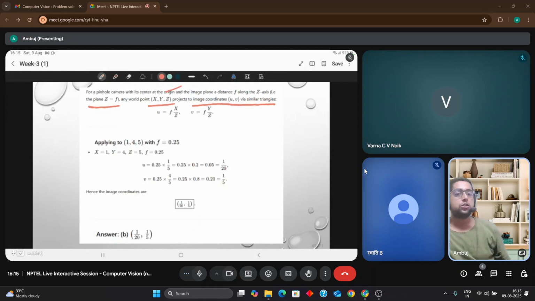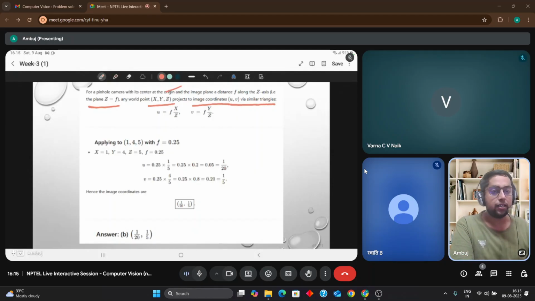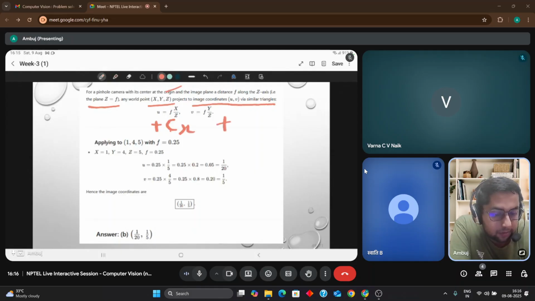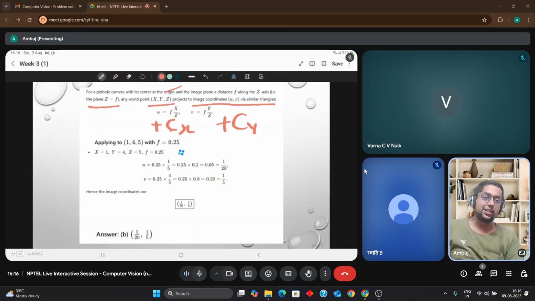Small u would be nothing but f into X by Z, and small v would be nothing but f into capital Y by Z. In addition, you can write plus cx plus cy also. If the center is not at origin, then you have to add these; if the center is at origin, then you can remove cx and cy.